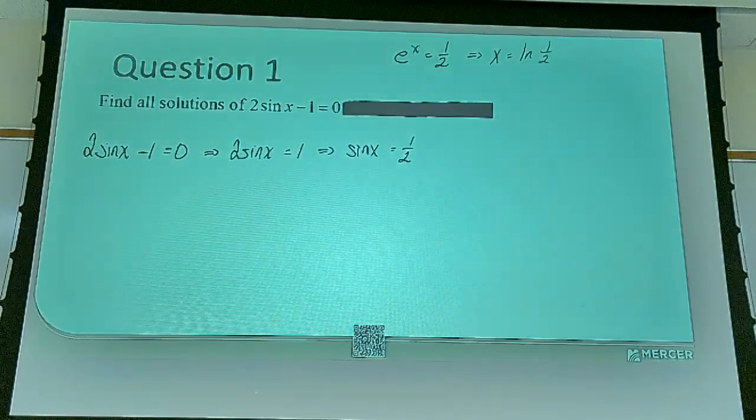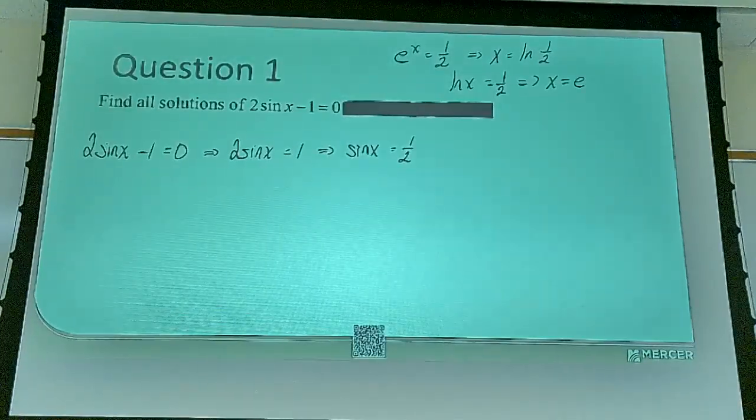Take the inverse, right? You do the natural log. Likewise, if there was natural log of x equals a half, you take the inverse, which is an exponential. X would be e to the 1/2. If x squared equals 1/2, square root both sides, right? A radical is the inverse of a power.